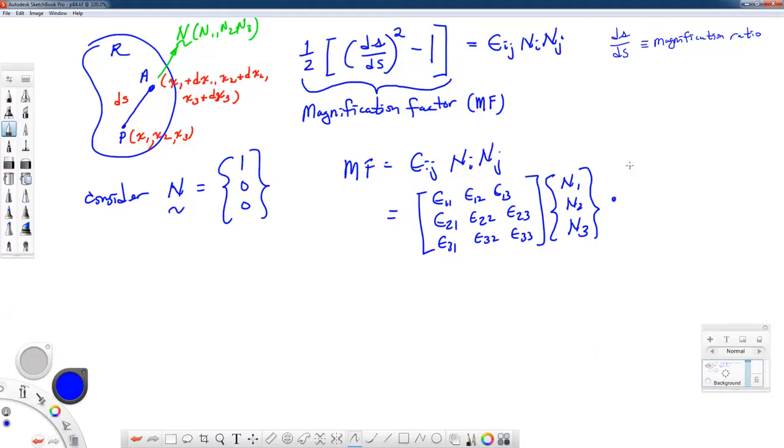And the operation that we're doing here is this vector times this matrix dotted with this vector again, the exact same components. So if we look at our special case where n is equal to 1, 0, 0, I'll write all this out again.